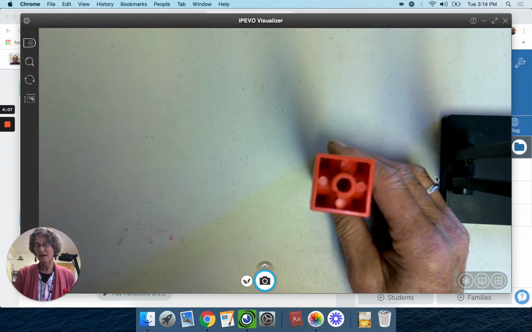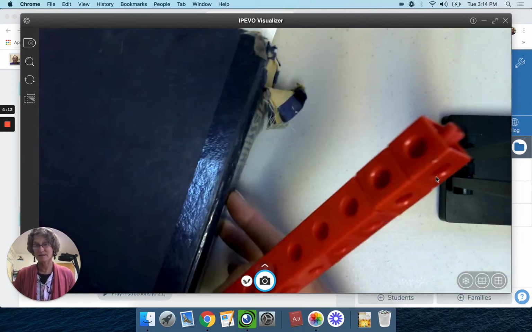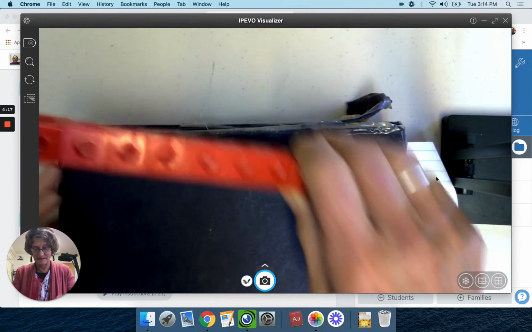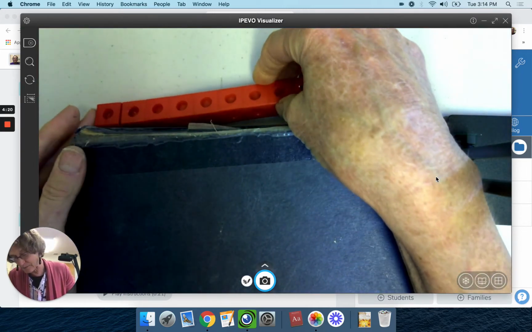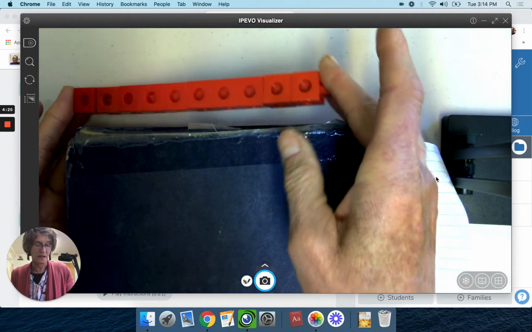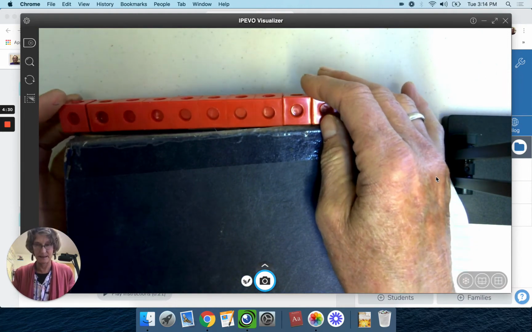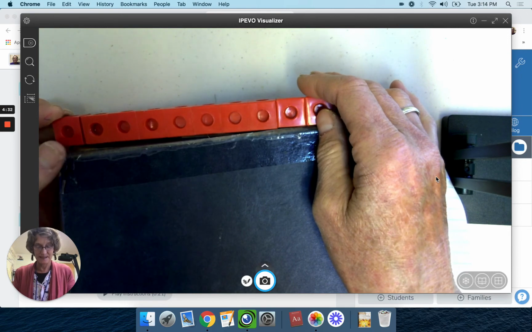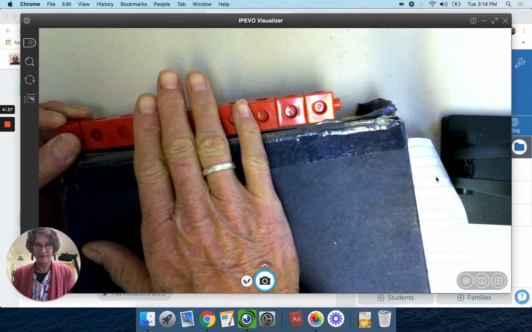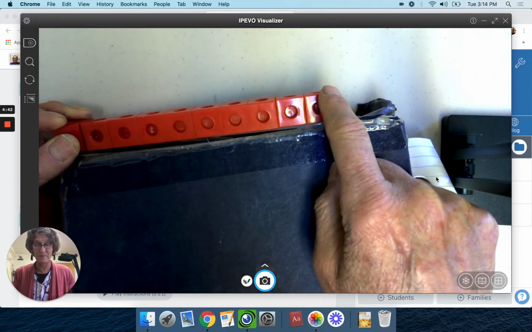What about a book? Of course, it depends what size book you have, doesn't it? Okay, let's line them up. I like lining it up on the flat edge, not the edge that has that little round peg for the next block. If we line it up on the flat edge, is the 10, remember we are always starting with the 10 block today, is it longer or shorter than the book?